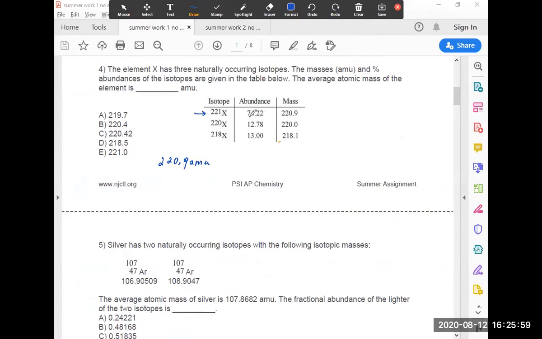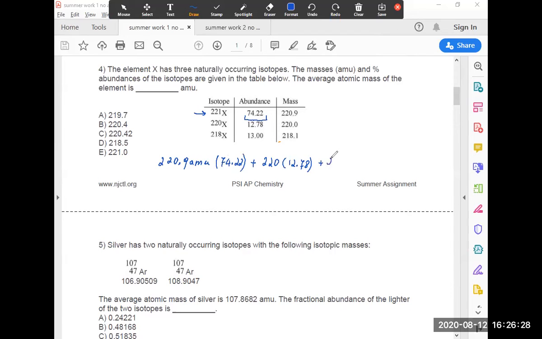But this is present 74.22. So I have 74.22 of those 220 stuff. Okay, so I have 74.22 of those. Okay, then I have the 220, but those I have 12.78 of those because this is the abundance of this particular category.